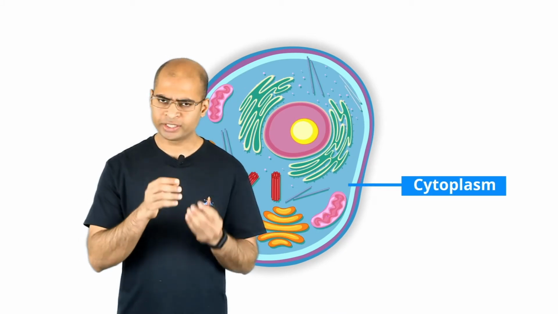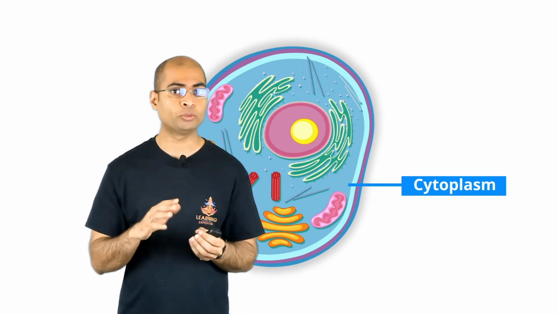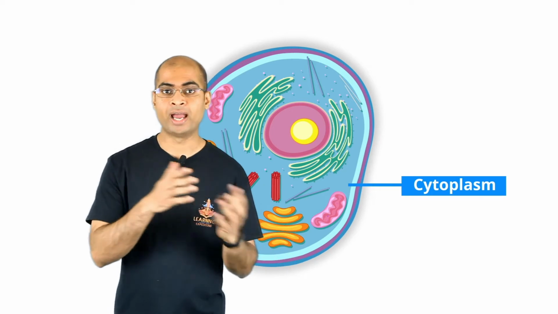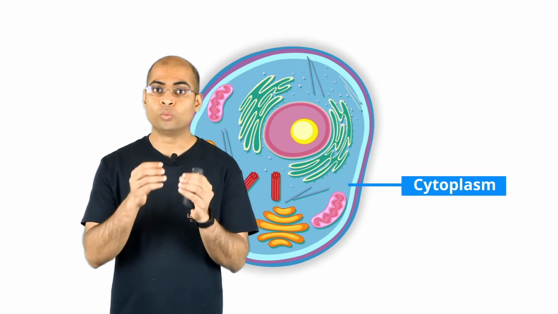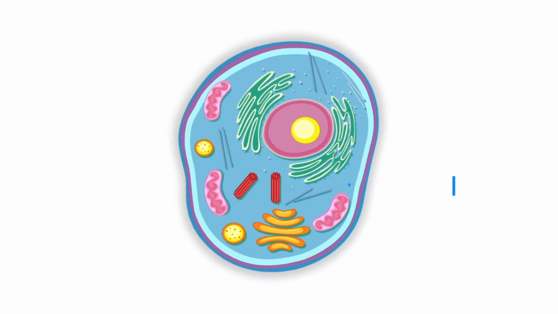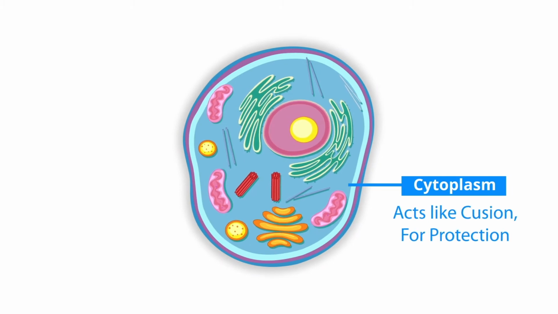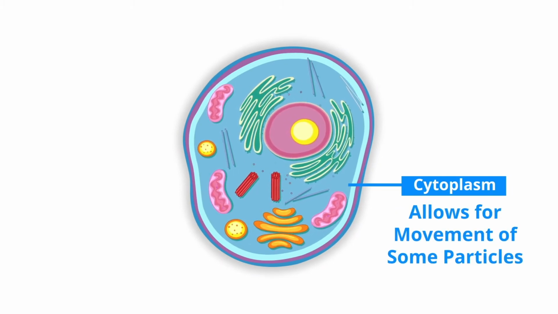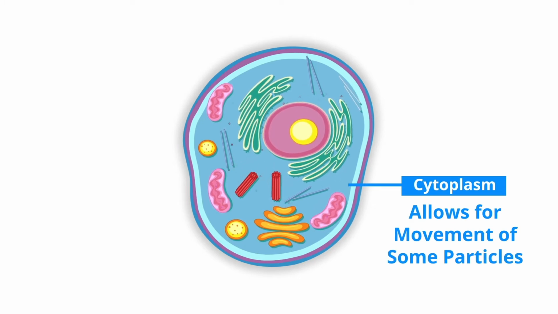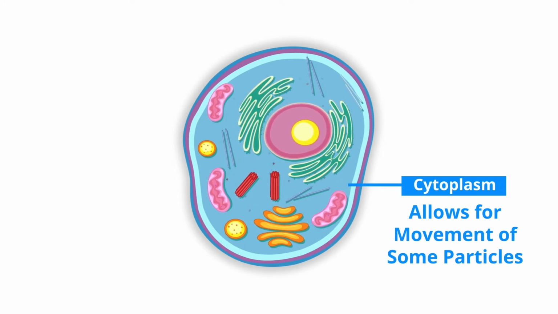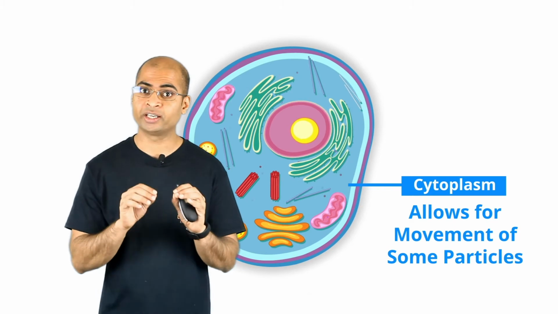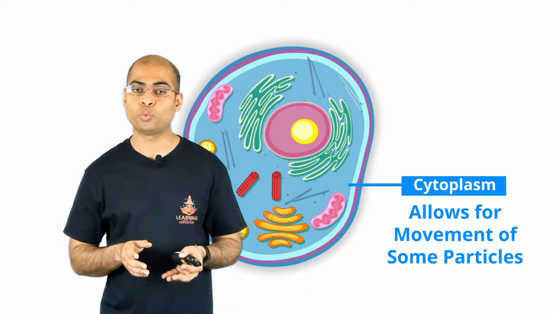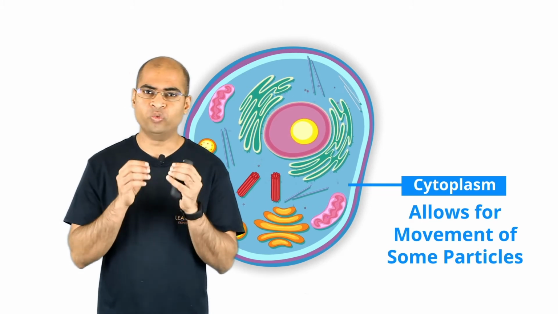The viscosity or thickness of the cytoplasm is actually somewhere in between the water and the jelly. Now, what this does is act like a cushion between the different components in the cell and at the same time allow for some movement of materials all around the cell.